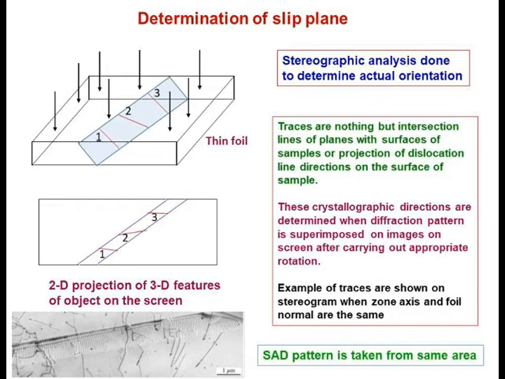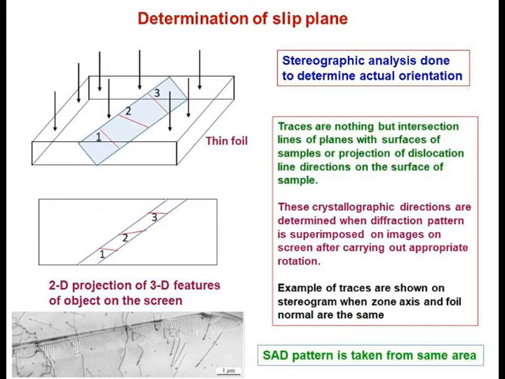This line and this bottom line are the two parallel lines corresponding to the slip line of the dislocation where it cuts the surface. These other lines are the projection of the dislocation line. This projection direction is not the same as the dislocation line direction. What we require is the dislocation line direction, for which an SAD pattern is taken from this area.